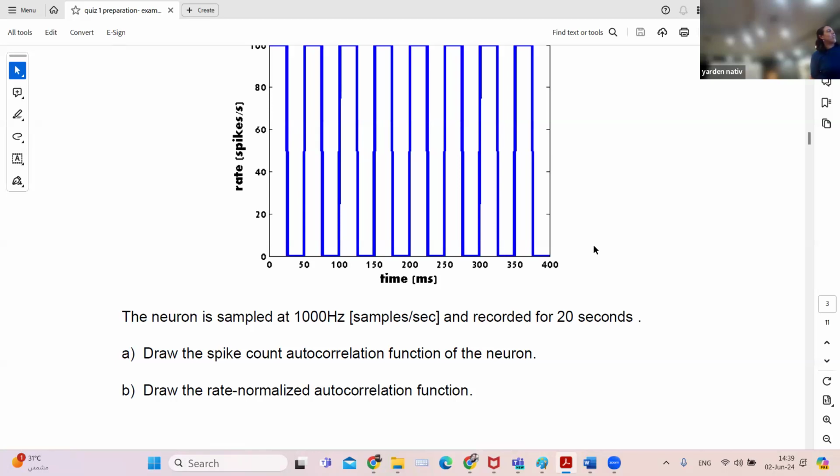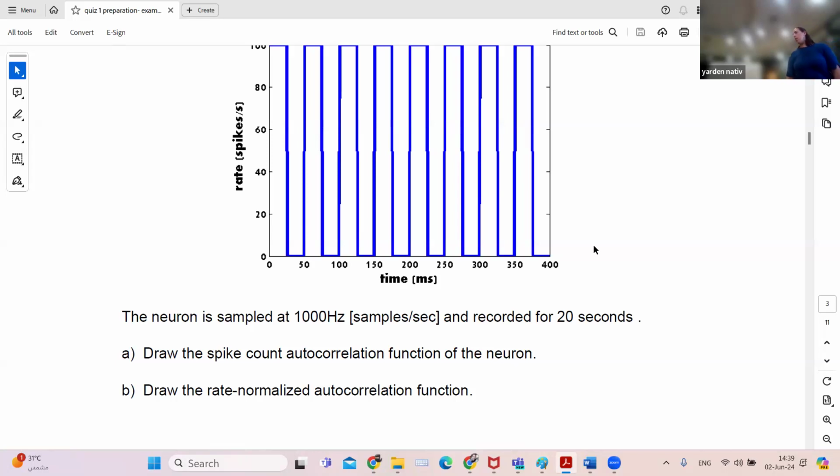And now we need to draw the spike count autocorrelation function of the neuron. Yes, for 350, the mod will be 0. From 300 to 325, it is 100. From 326 to 349, it's 0.